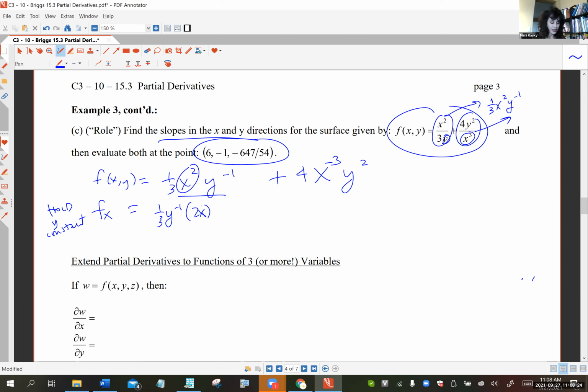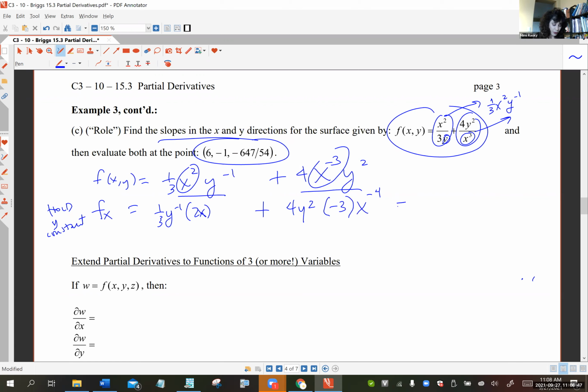And it's easier to plug stuff in anyways when you have that. The second term, the 4 and the y squared are treated as constant multiples. And you multiply by the derivative of x to the -3. The derivative of x to the -3 using the power rule is -3x to the -4.